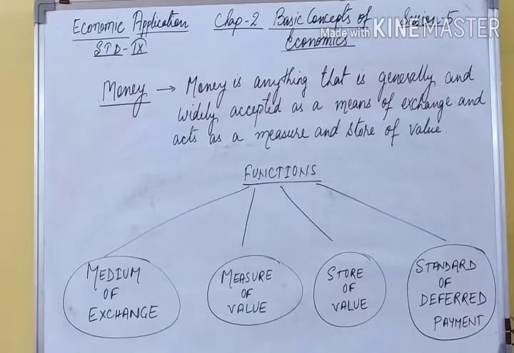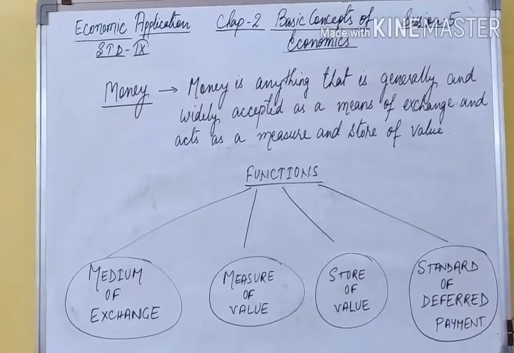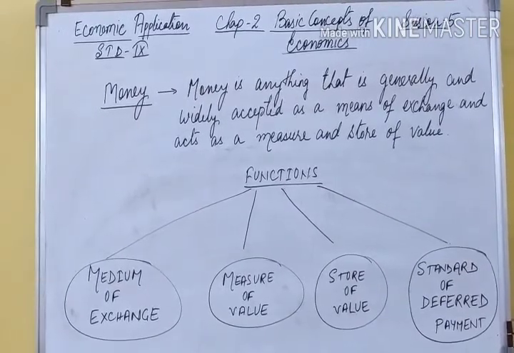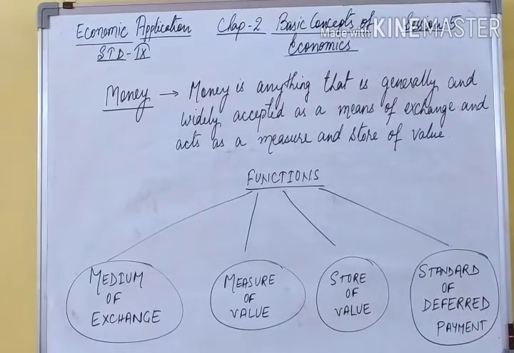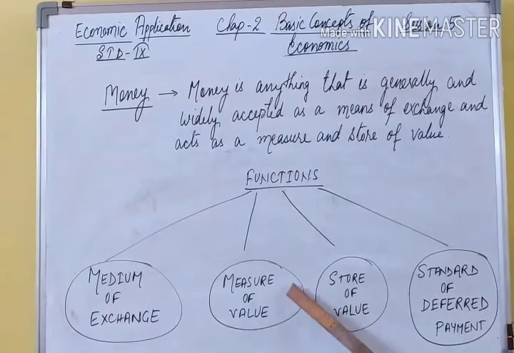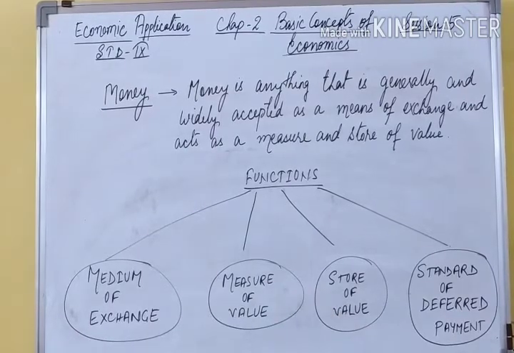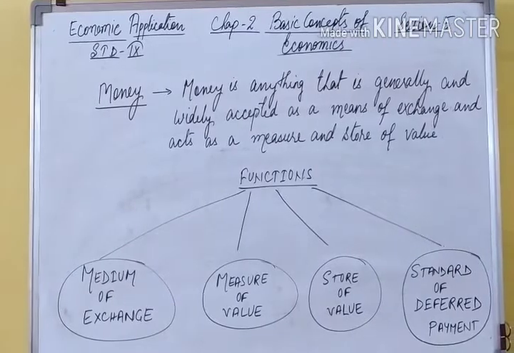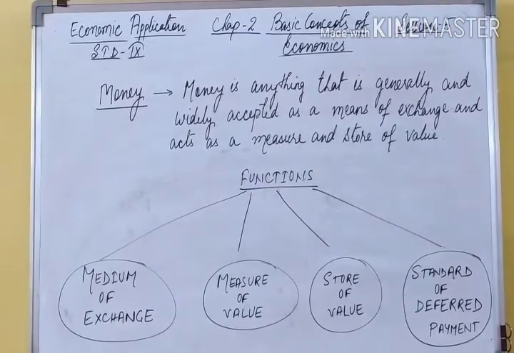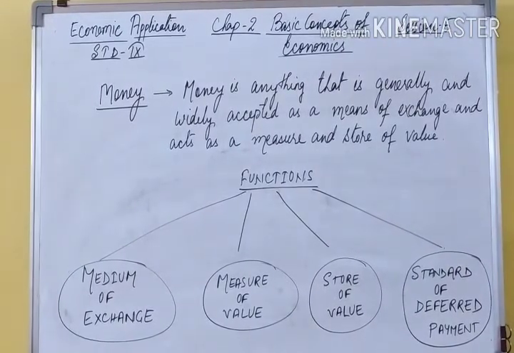So it has been standardized. According to the price, he weighs the particular commodity and you get it. So that is measure of value. Suppose the MRP of a shirt is 300 rupees. So that is the measure of value.